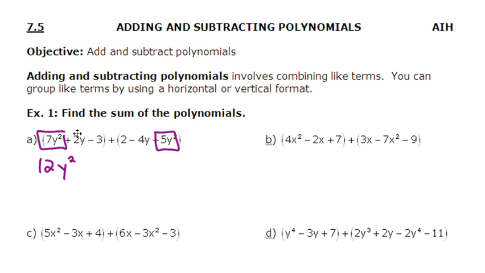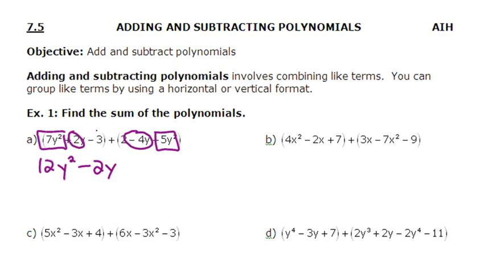Then I like to go down the exponent. Since I had y squared, then I would go to the y's. So I have a positive 2y and a negative 4y. You always look at the sign in front. So 2 minus 4 is negative 2, so it would be minus 2y.